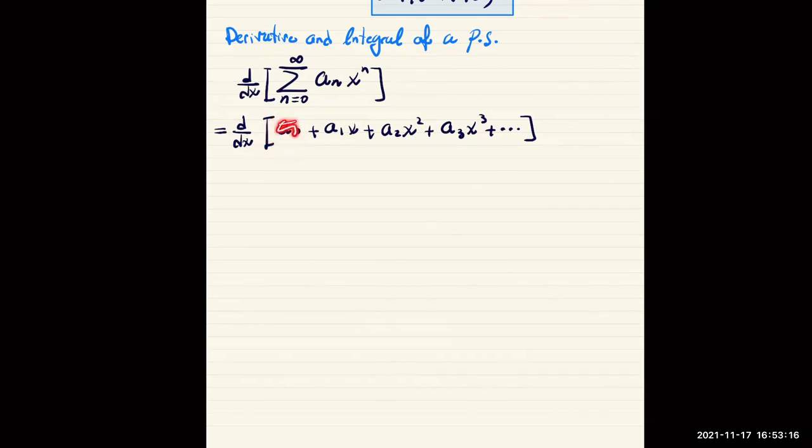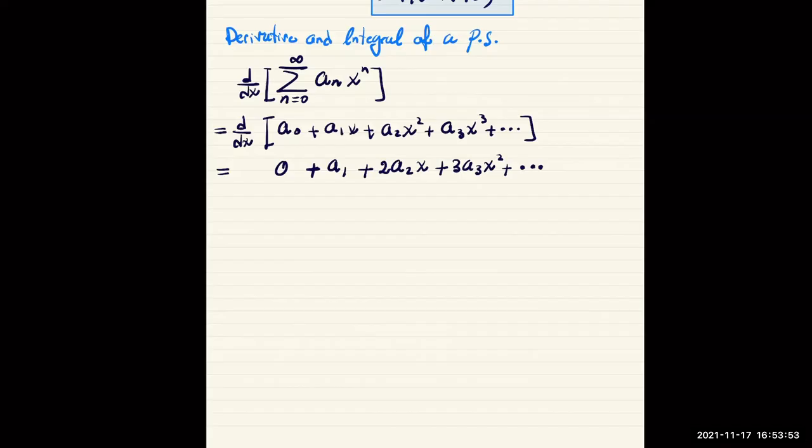Imagine this is 5. The derivative of 5 with respect to x is 0. The derivative of, let's say, 10x is 10. The derivative of a1x is just a1. The derivative of a2x squared: the derivative of x squared is 2x, so we get 2a2x. We get 3a3x squared, and so on. Very simple to take the derivative.